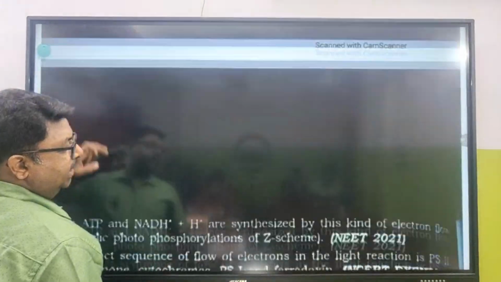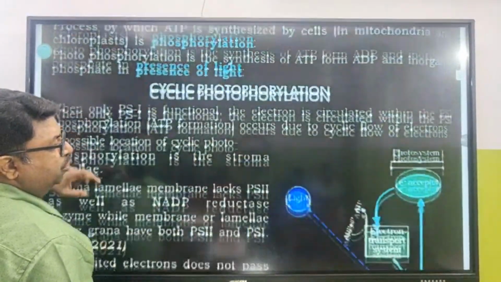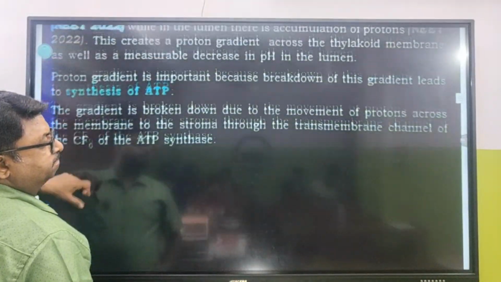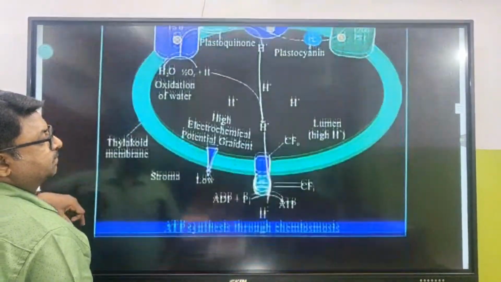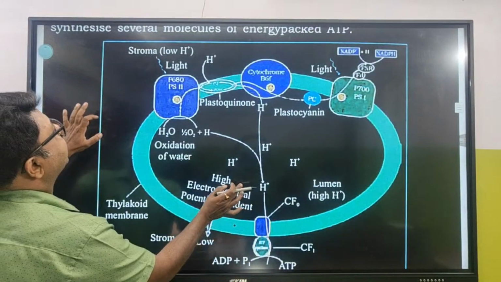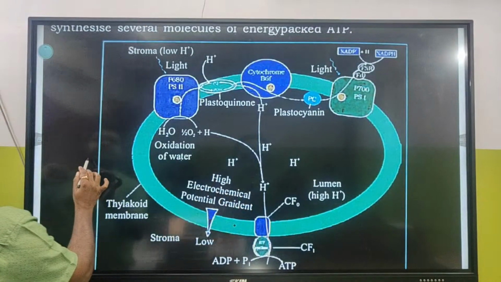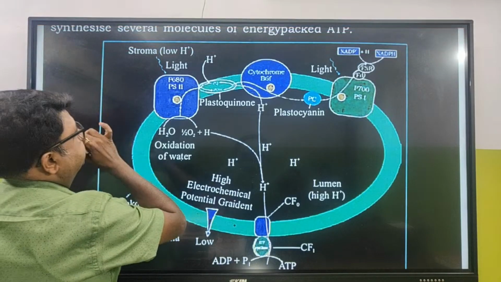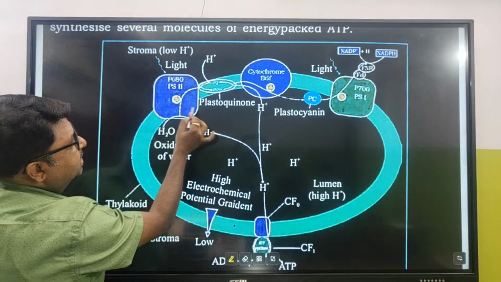Yes, I want to show you the difference between PS1 and PS2. See, light P680.